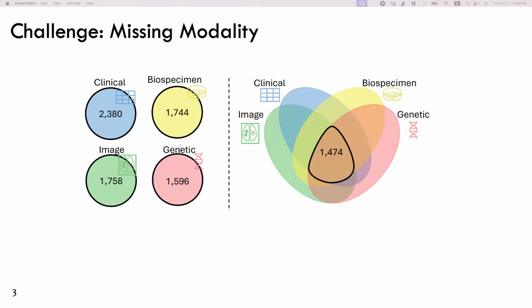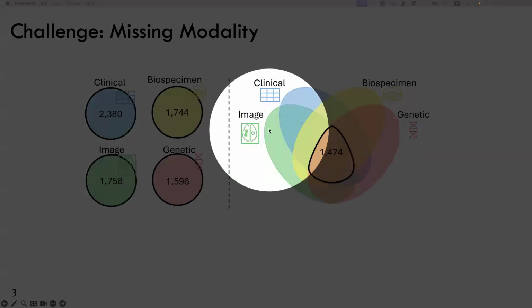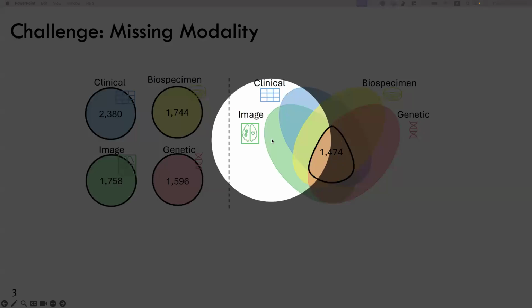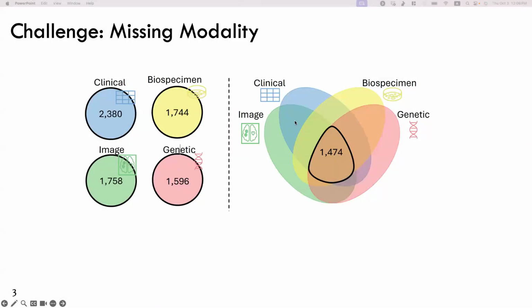This is mainly because for different patients, sometimes you only have a few measurements available. For example, for a patient in this region, you will only have the imaging modality. And if a patient lies in this region of the Venn plot, you will only have imaging and clinical notes measurements, and not the other modalities.